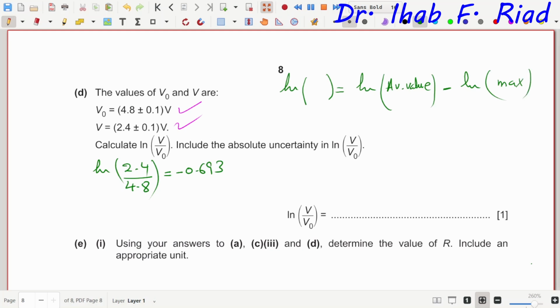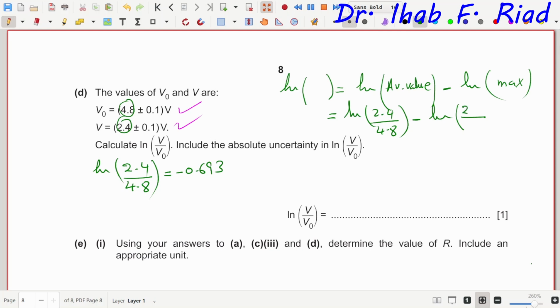Okay, what is the ln of the average value? It is ln of the given values, 2.4 divide 4.8, minus. What is ln of the maximum? The ln of the maximum is calculated as follows. It is the maximum of the numerator divided by the minimum of the denominator.